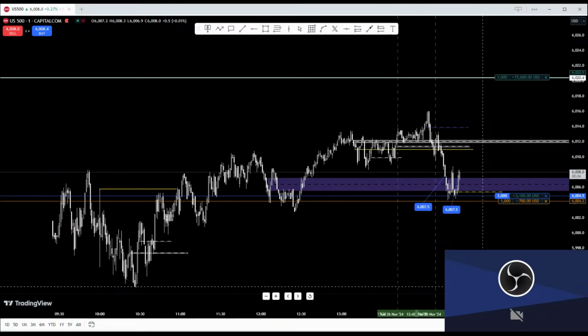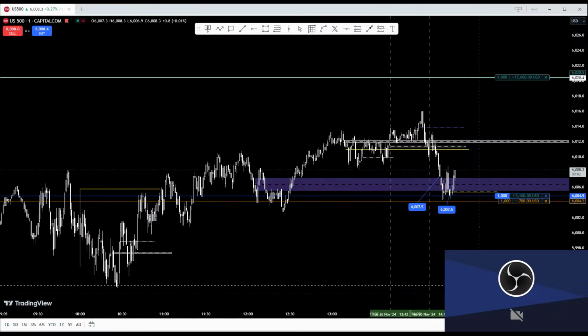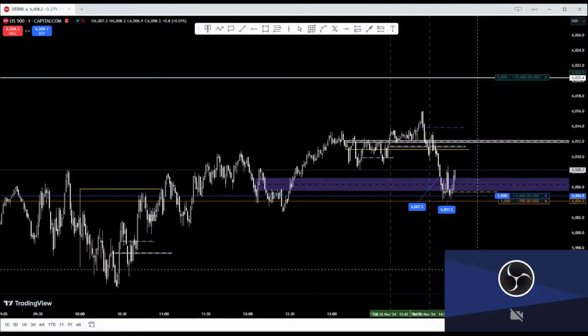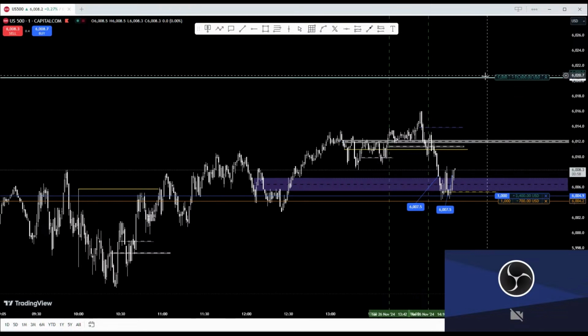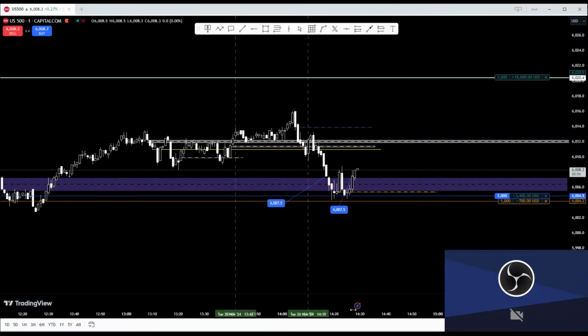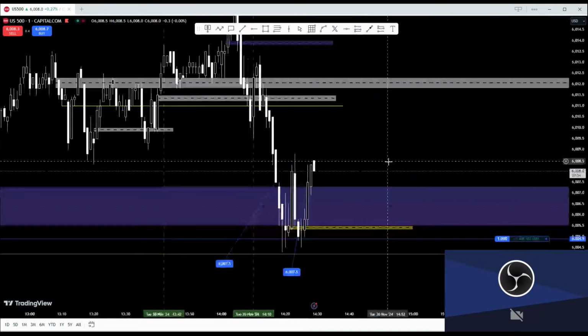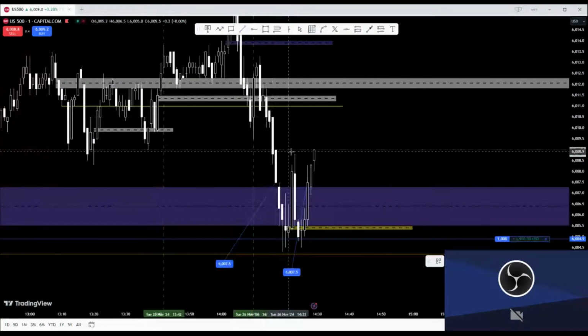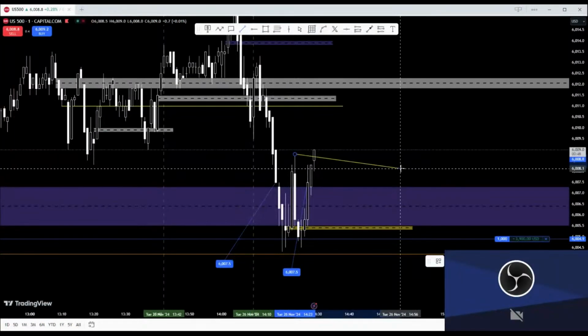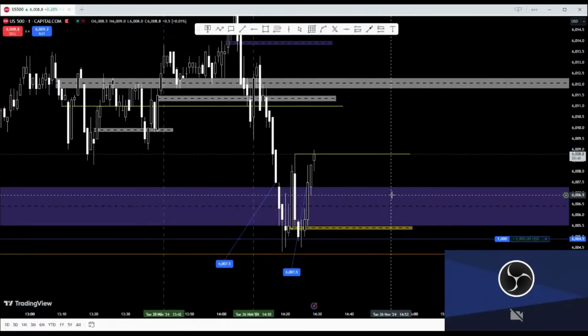But not sure if Asian would deliver through and take that 15,600, but might as well, because now what becomes crucial is a bullish mitigation block above this level.